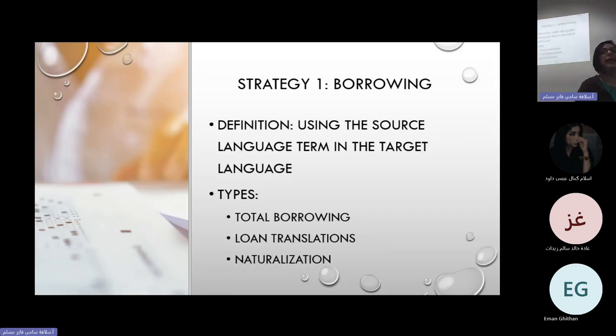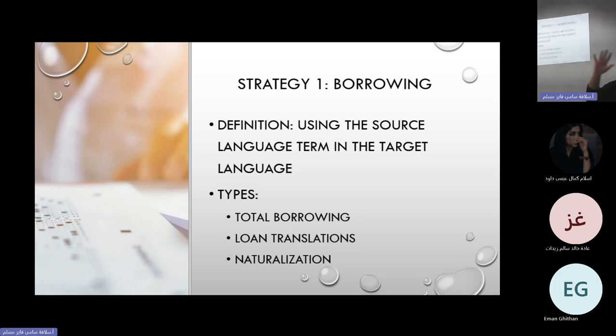The first one is borrowing. We borrow something from another language. So we use the source language in the target language. All right. So there are three types of borrowing.